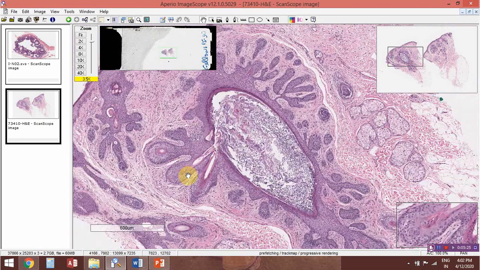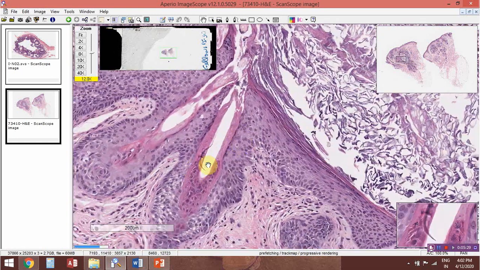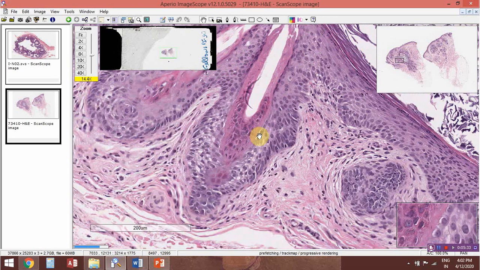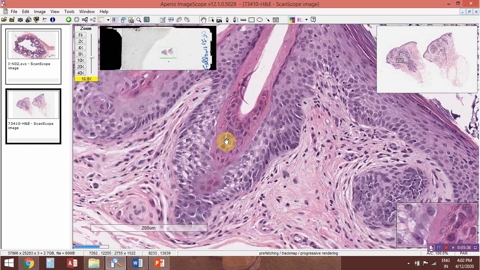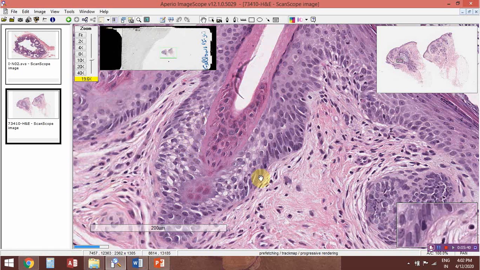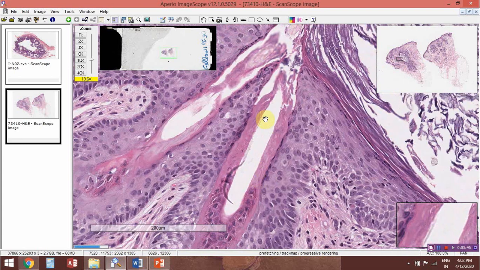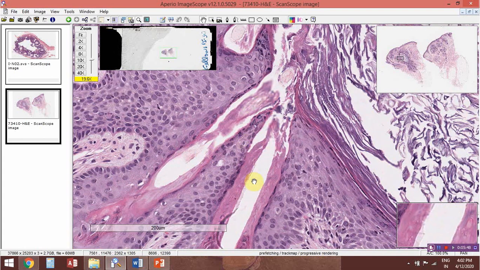Here you can see one primary follicle and the secondary follicles arising from the wall of the follicle, and here you can see the outer root sheath and the inner root sheath. Some trichohyalin granules are visible and they are attempting to form a shaft, and they open directly into the primary cavity.